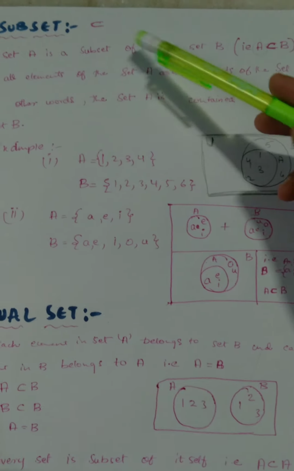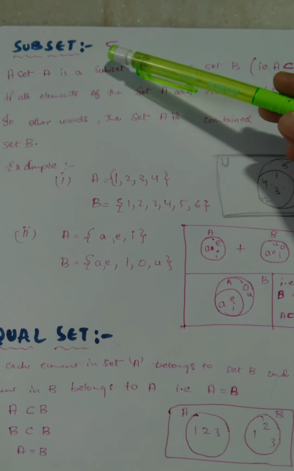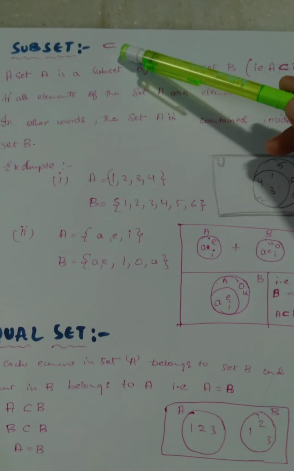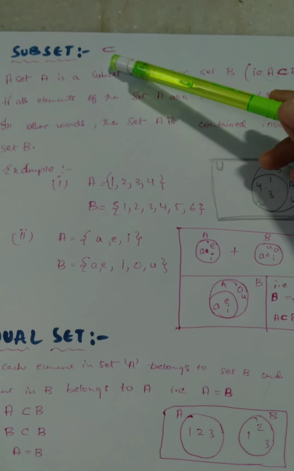So the next definition is subset. We denote the symbol of subset by this. This is known as subset.